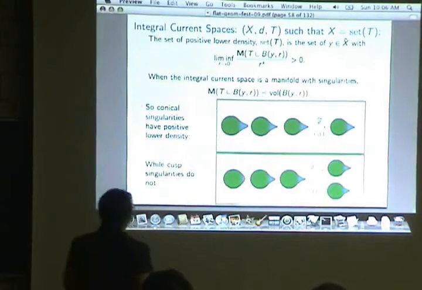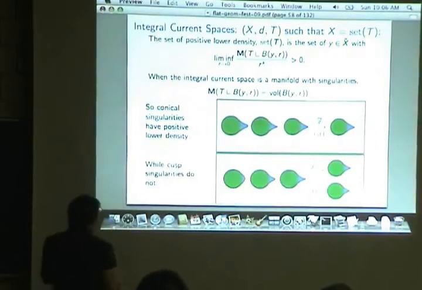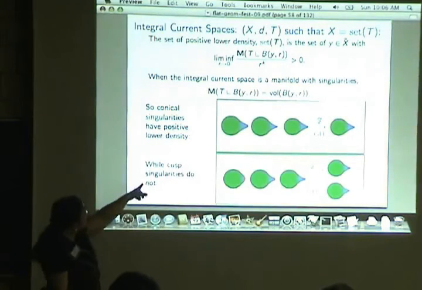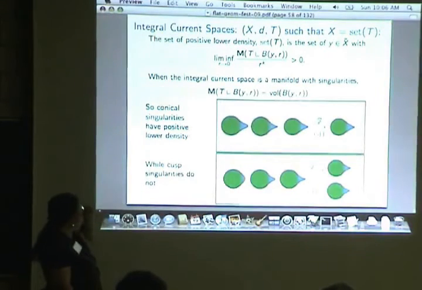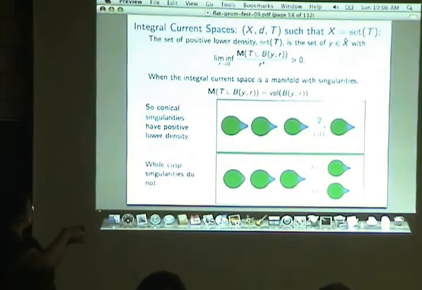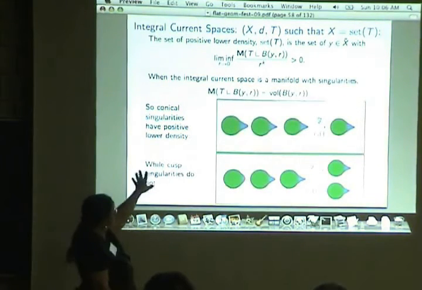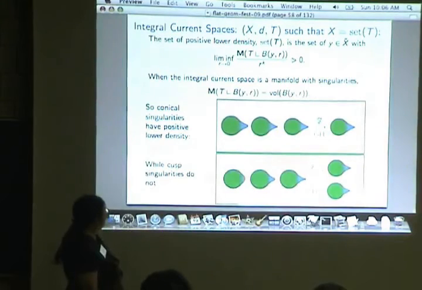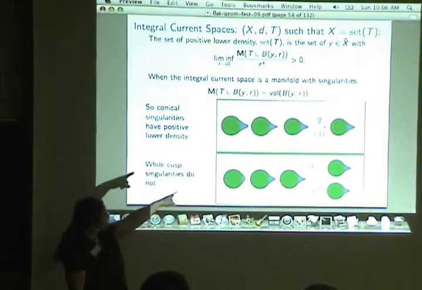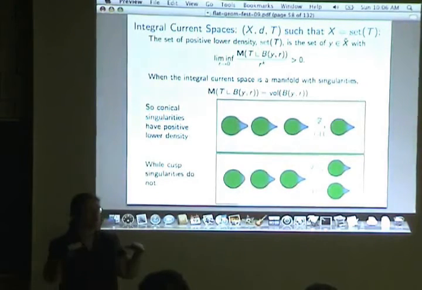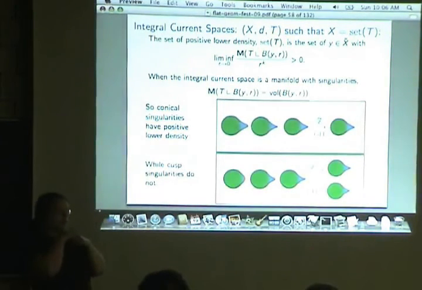So here's a little more about the set. What does it mean to say that our metric space X is the set of the current? It means that the mass, or the volume, as measured with the current, divided by r to the correct dimension k, has positive density. That formula might bother some people, so here I'm just drawing some pictures. In the pictures, what it means is, if you have a conical singularity, you include it. Conical singularities are included in the set, and so they're included in our space.